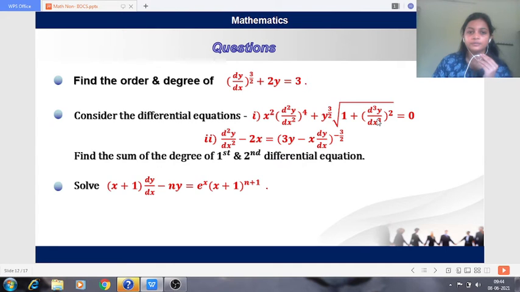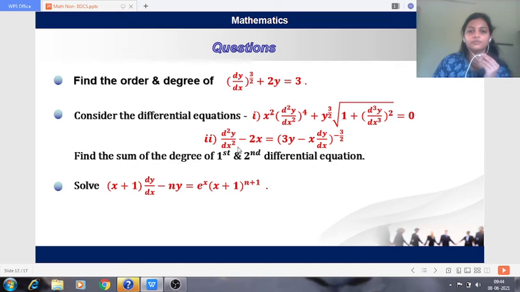the highest order derivative, and this highest order derivative contains power 2. So the degree of the first differential equation is 2, and as well as in the second equation, we also square on both sides.